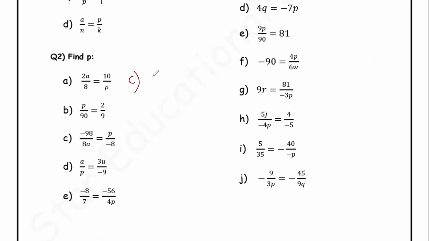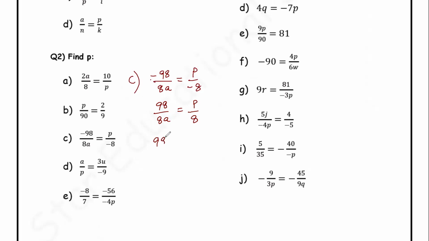C. Minus 98 over 8A is equal to P over negative 8. So negative and negative becomes positive, yeah? So 98 upon 8A is equal to P upon 8. Now what you gotta do, you gotta find P, right?